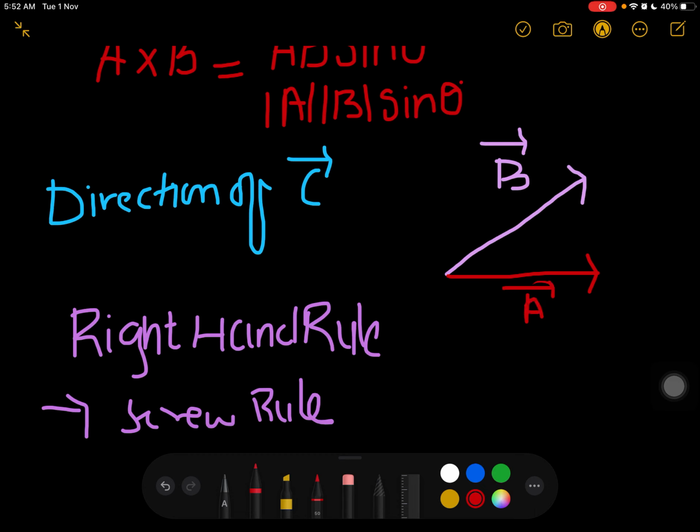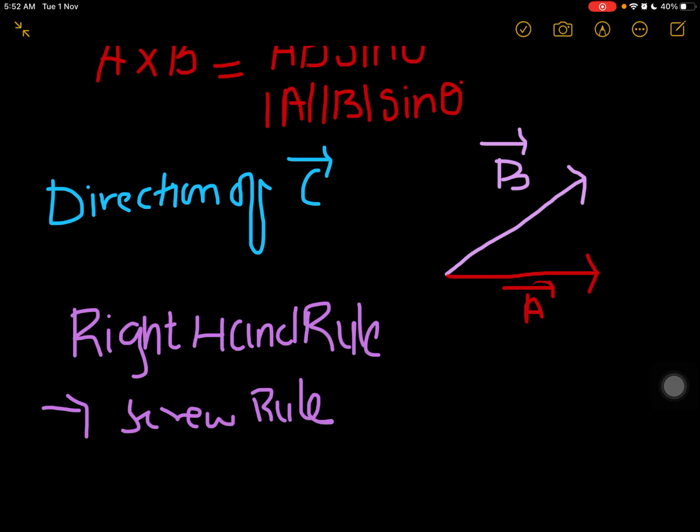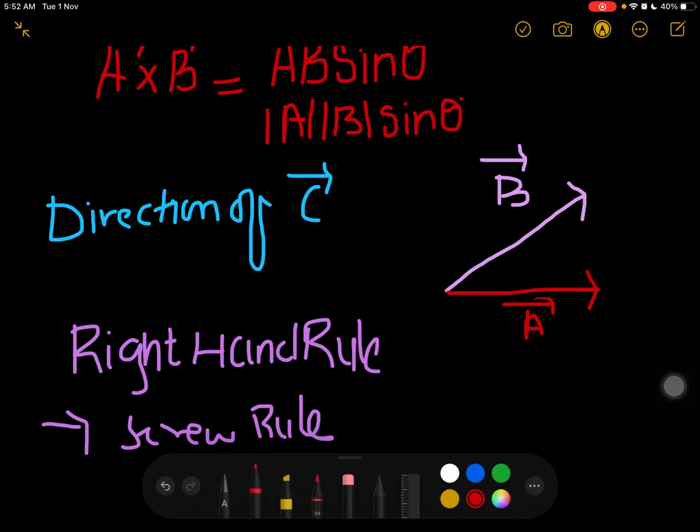We are multiplying A cross B, which is equal to C. So you will place your palm on A, and then you will move your fingers towards B, and you will place your thumb over the direction, right?